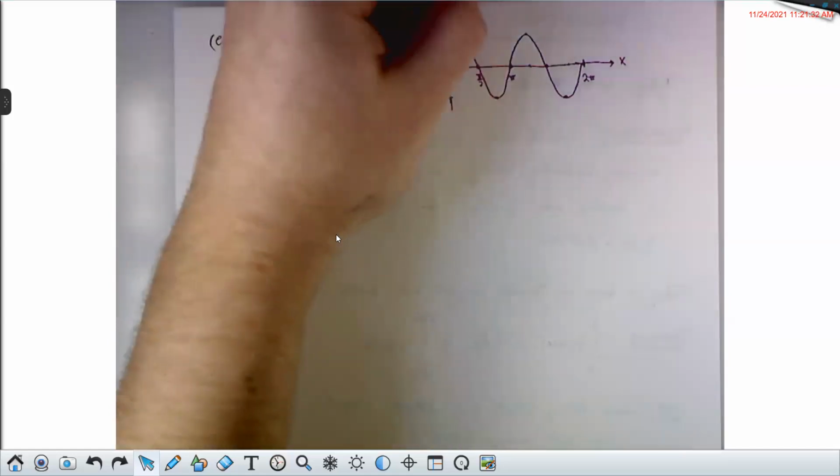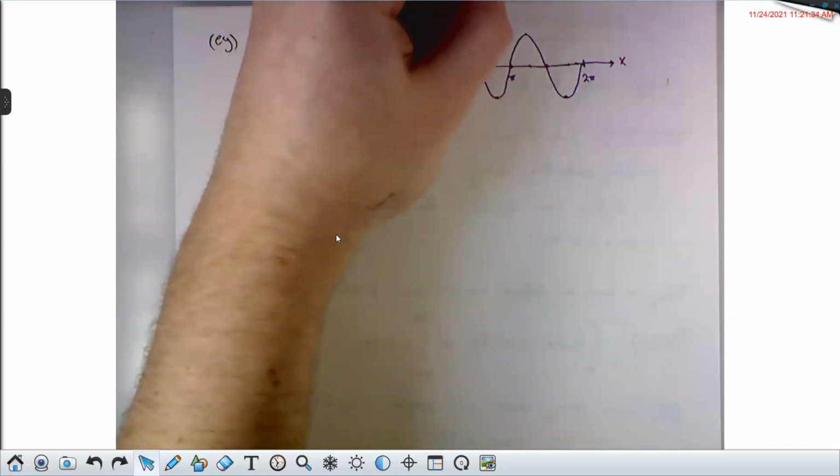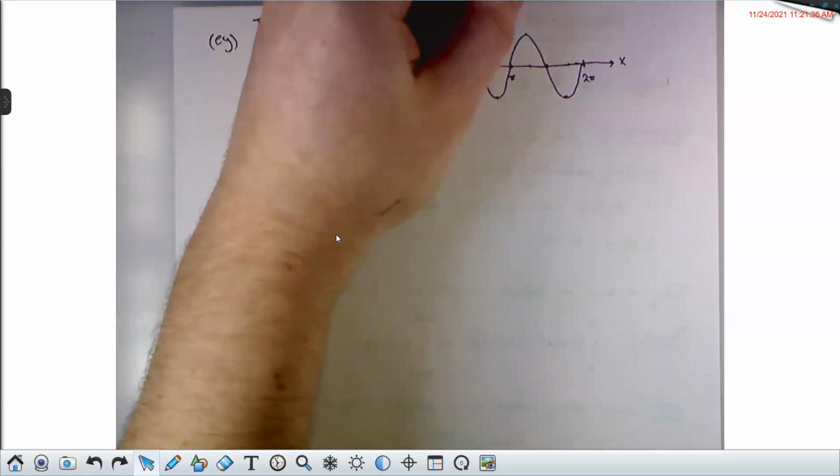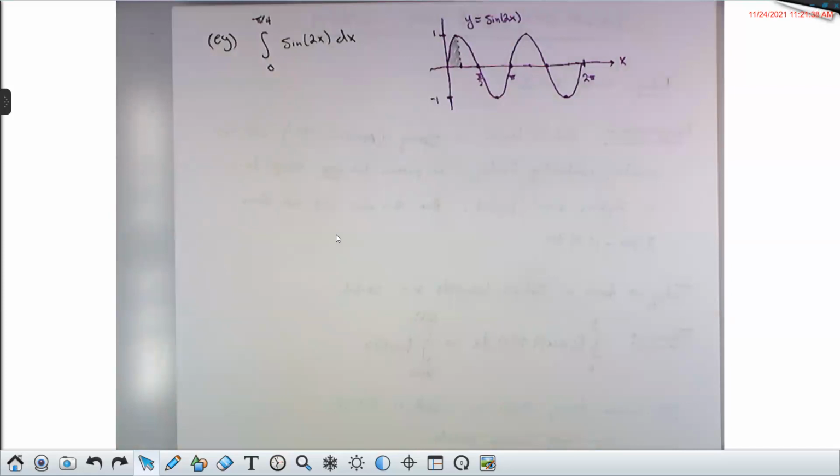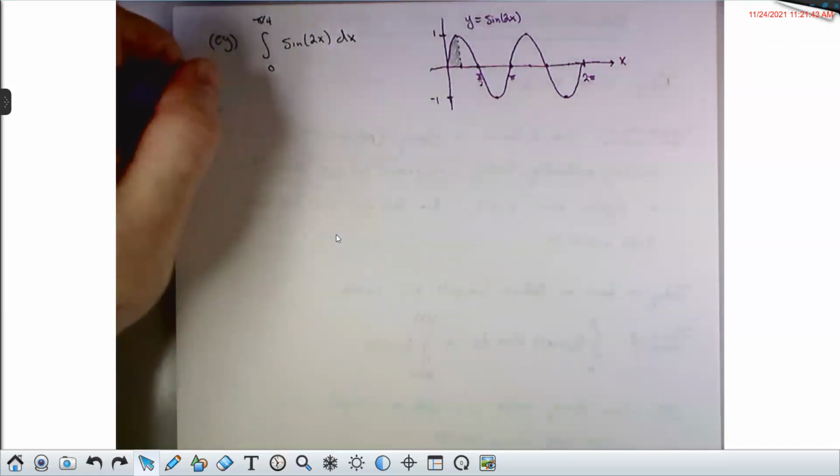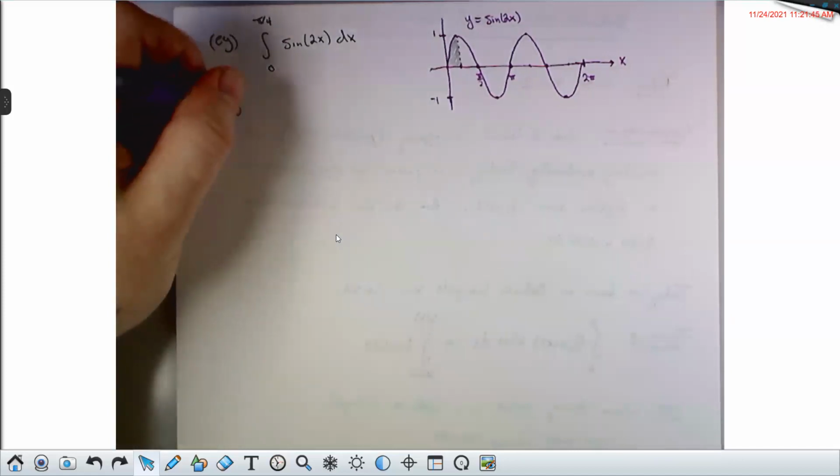So this is the graph y equals sine of 2x. Very similar to the examples we saw the other day, the move is to substitute for the inside.